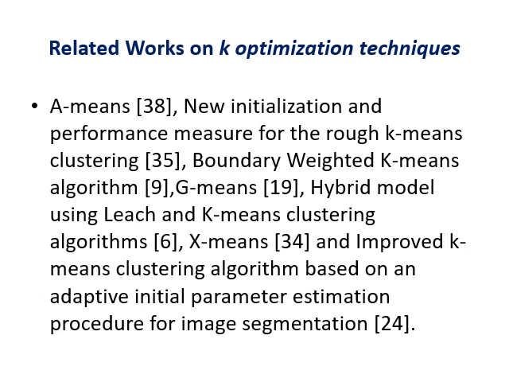We also have new initialization performance measure for the rough K-means. Boundary weighted K-means algorithm, G-means. We also have a hybrid model using Leech and K-means clustering algorithms. We have got X-means and improved K-means clustering algorithm based on an adaptive initial parameter estimation procedure for image segmentation.